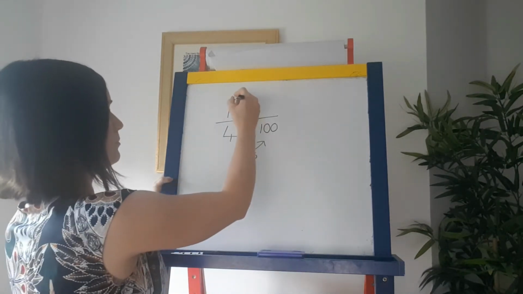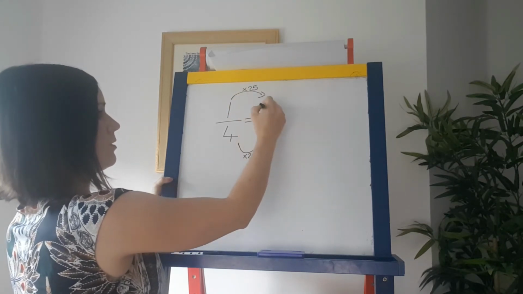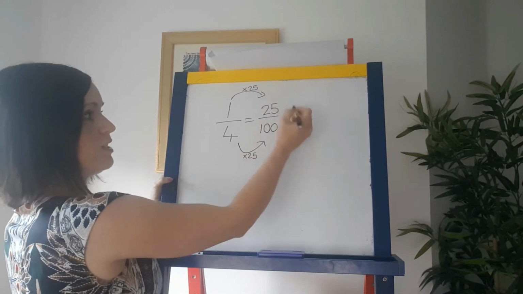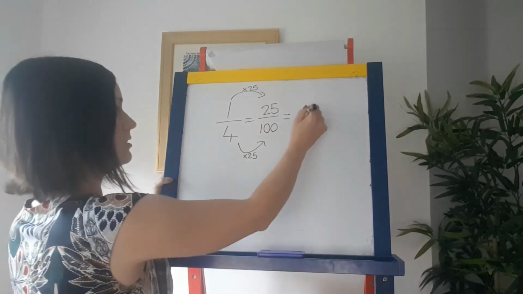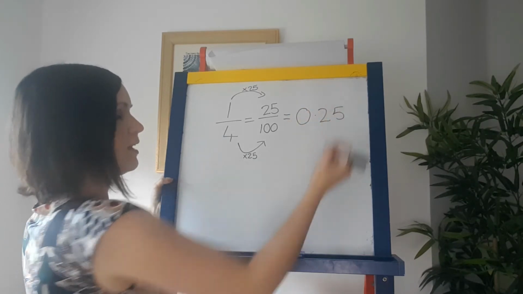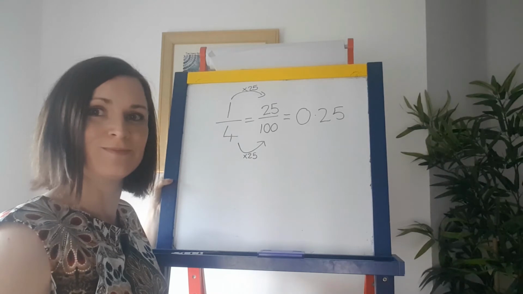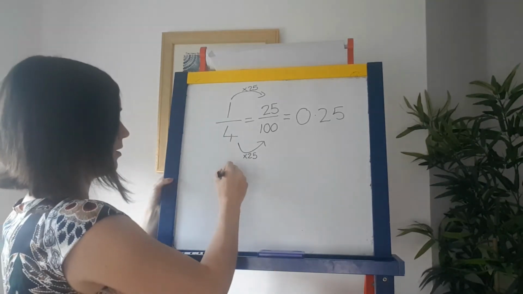So you've got to do the same to your numerator. 1 times 25 is 25. And then 25 hundredths as a decimal fraction is 0.25.